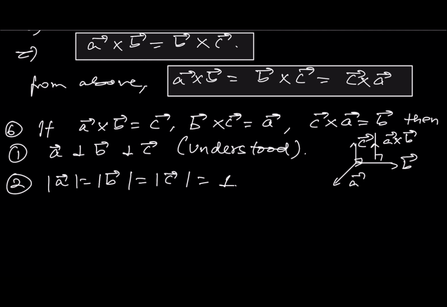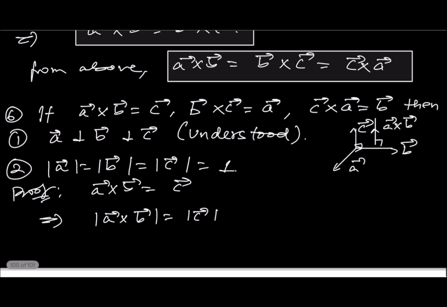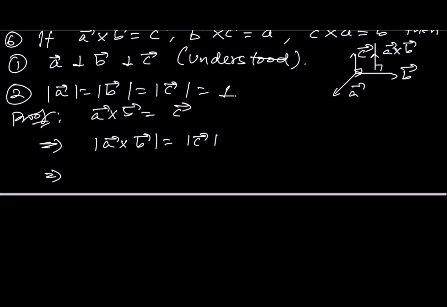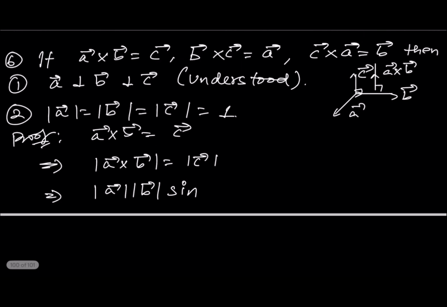Now come to the second part. Proof of the second part. A cross B is equal to C. After taking mod on both sides, what we will have is mod A mod B into sine theta, and theta is 90 degrees, as we have seen in the first part.